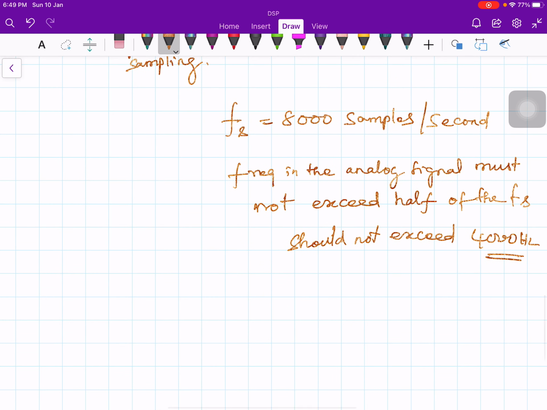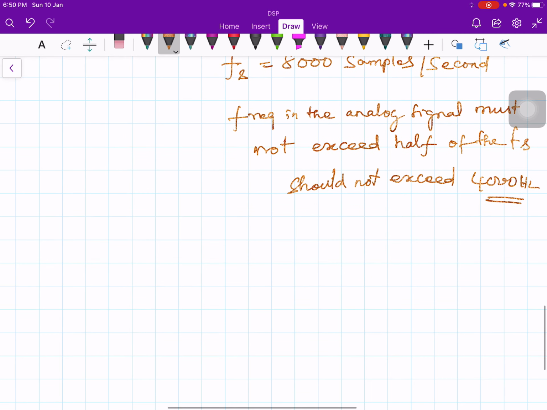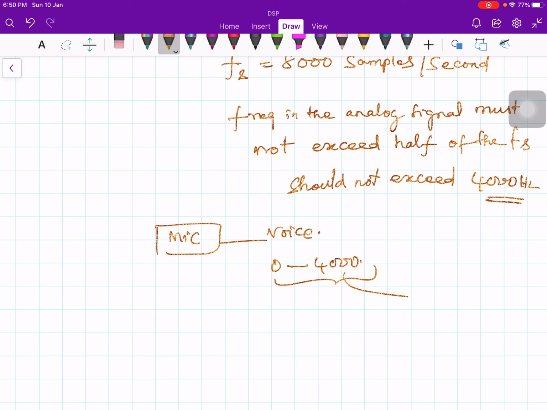So the highest frequency content in the analog signal is related to the sampling frequency. For example, you take a mic, and here you will get a voice signal, and let's say the voice is from 0 to 4000 Hz. So you take 2 times this maximum frequency. This is my minimum frequency, and this is the maximum frequency content present in my voice.